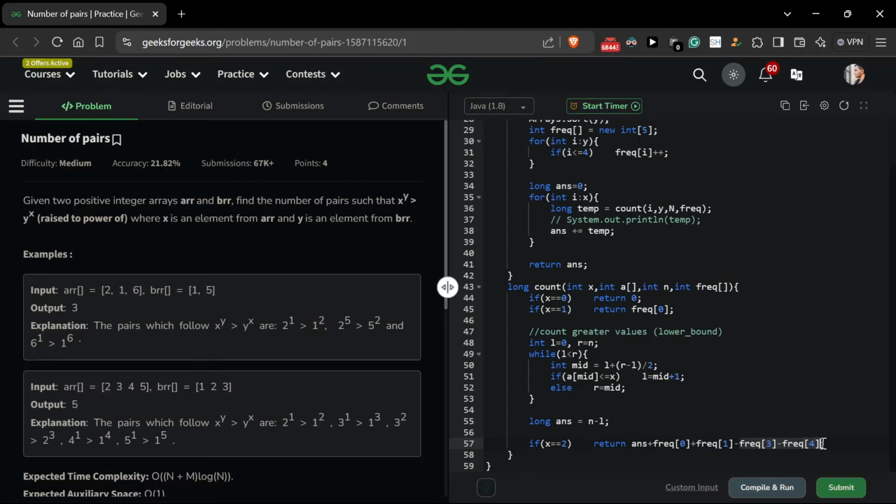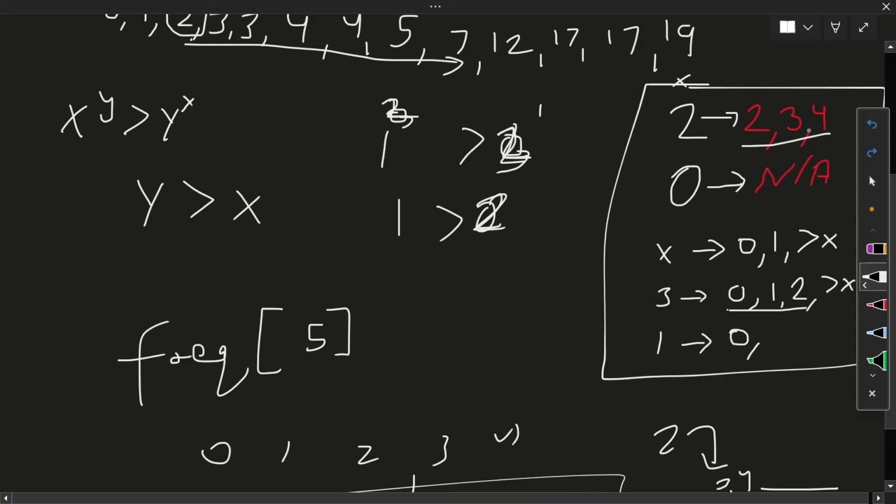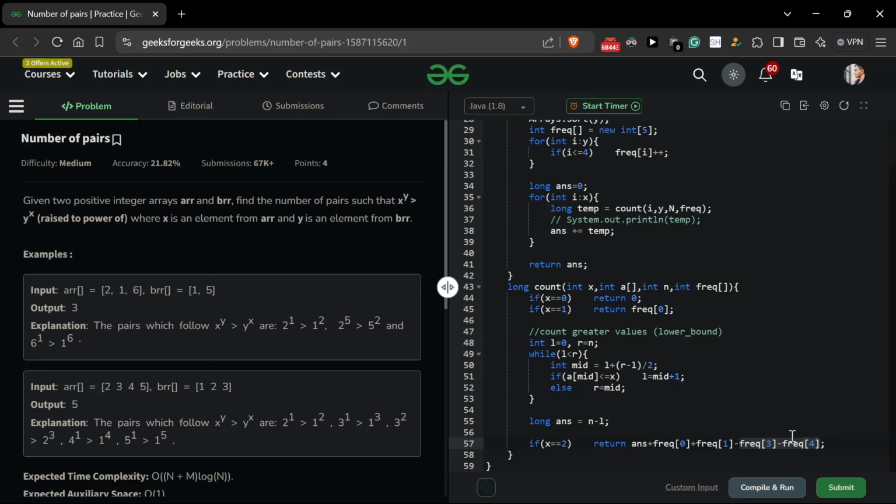And we have to subtract the frequency of 3 and 4, because 3 and 4 will not make any pair while the answer points to 3. So that's why we have to subtract the frequency of 3 and 4.